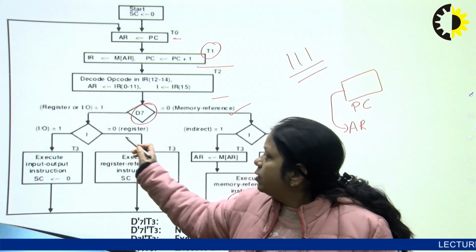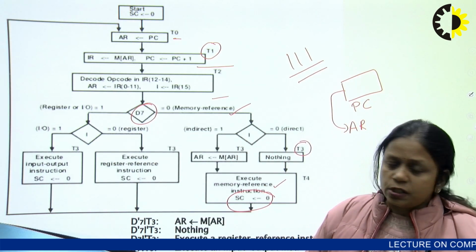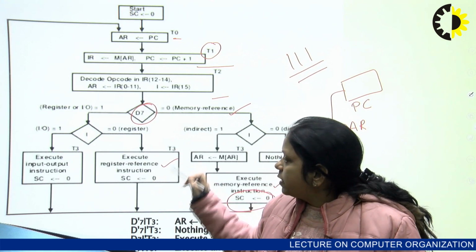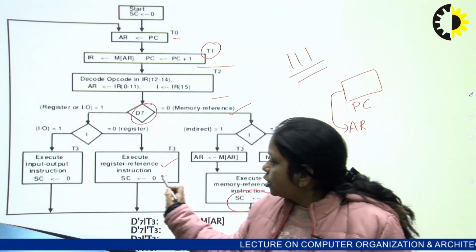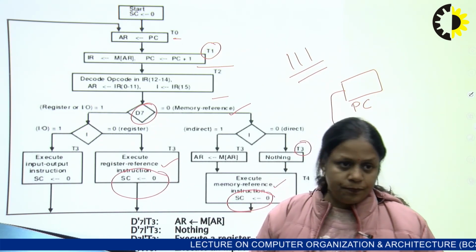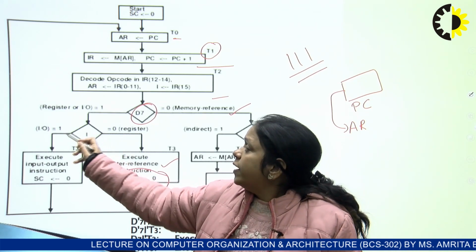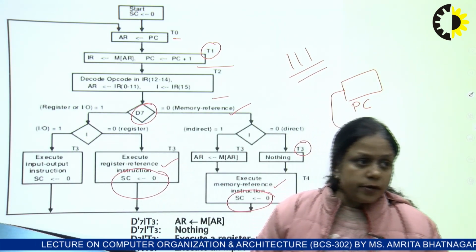If the value of I is 0, then it is a register reference instruction. If it is a register reference instruction, then we will execute it, and again the sequence counter will be 0. Okay.